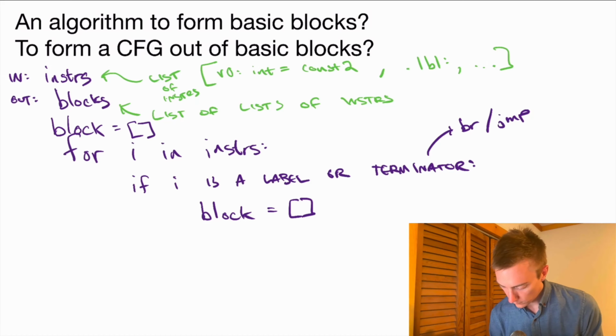What we also need to do is actually put these instructions into the blocks. The way I'm going to do that is that whenever we see an instruction, as long as that thing is not a label, we'll put it into the current basic block before terminating it.